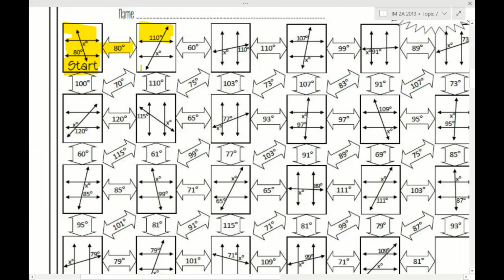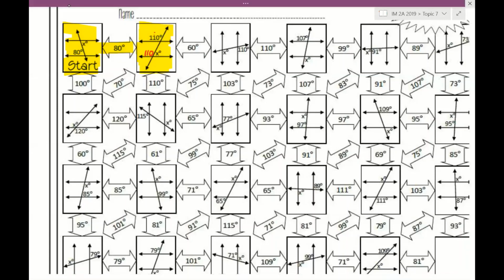Then your problem that you'll do next is this one with the 100 and the x. Notice that this one isn't necessarily a relationship that we've seen. This isn't corresponding because this one would be corresponding with this. So that angle would be 110 if we think about it as being corresponding.